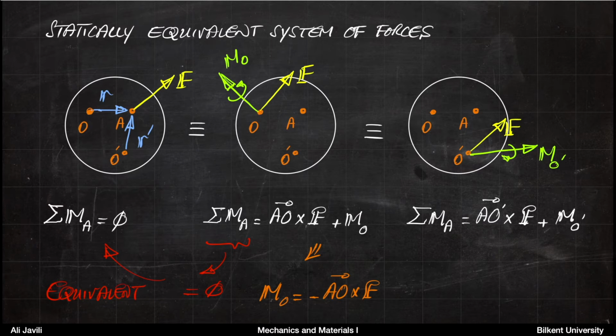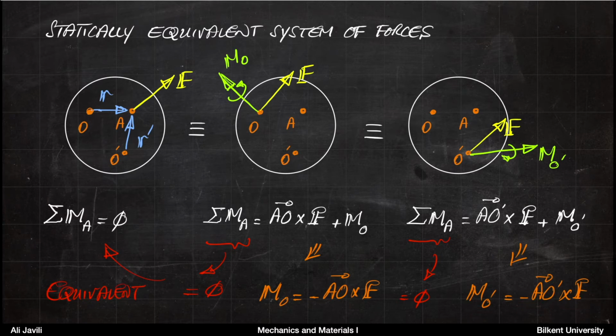But then again, remember, with respect to point O, you should not have a moment. For that matter, you would need to add something to the system such that you keep the systems equivalent. And basically, by setting the resultant moment with respect to point A to be 0, again, also for this system, this gives you exactly this equation. So it tells you that M_O prime is minus AO prime cross F.